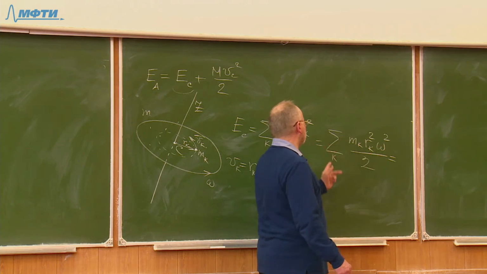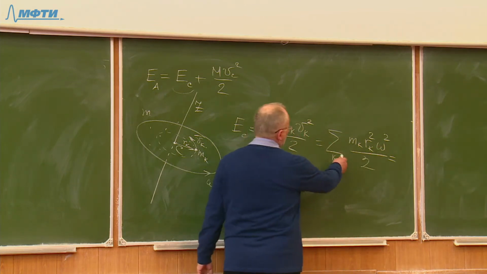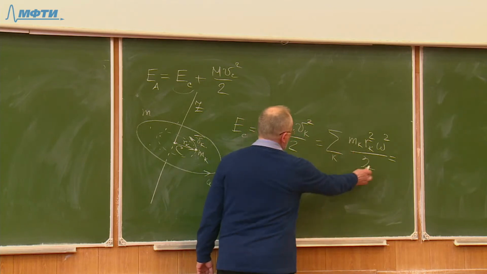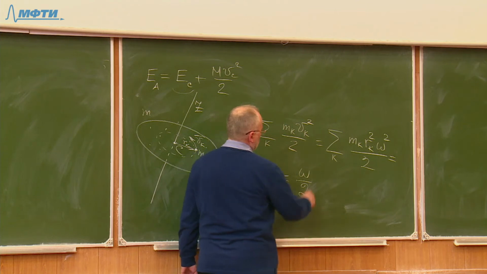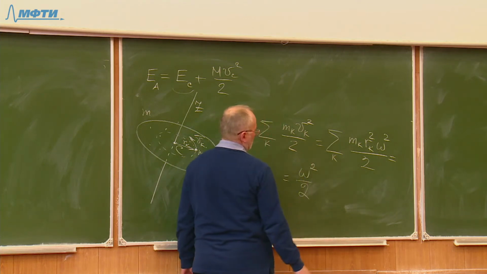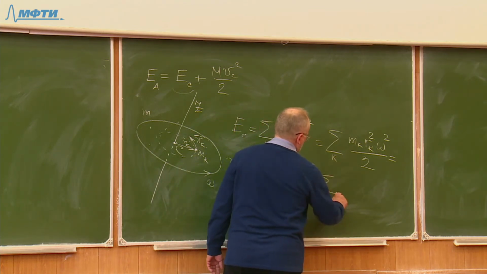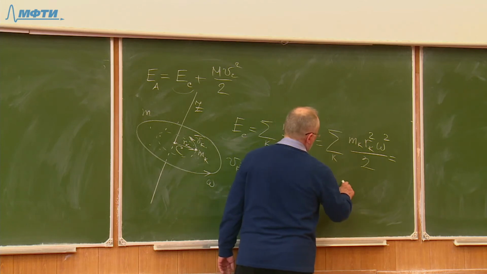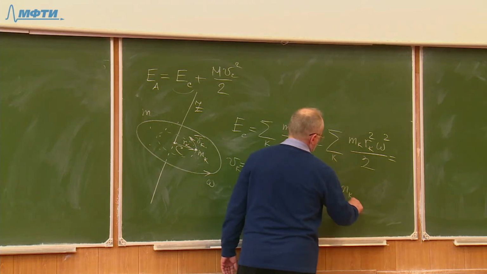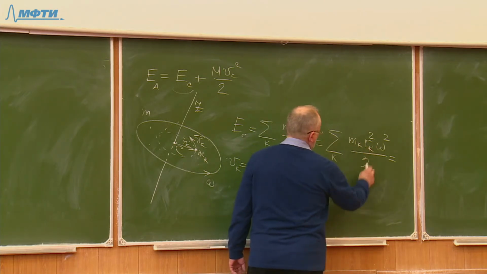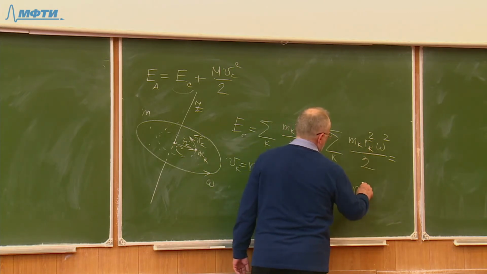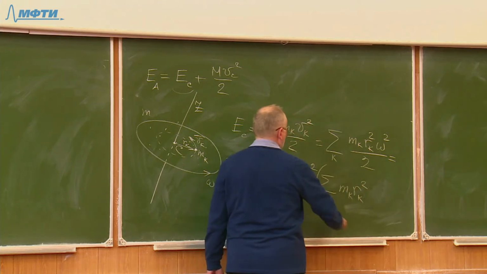It can be taken out of this sum, and also the 2 is constant, so we can write omega squared over 2, and here we will have the sum over all the points of the solid body, mk times radius k squared.